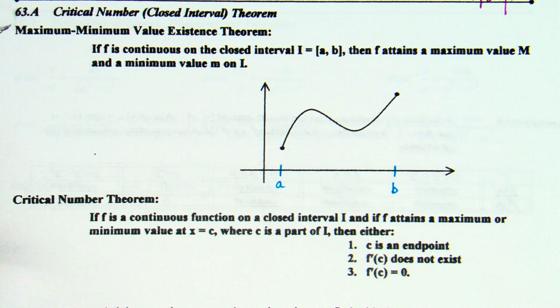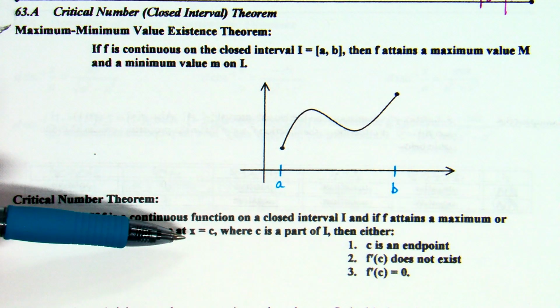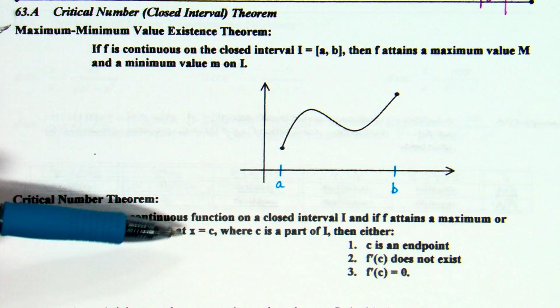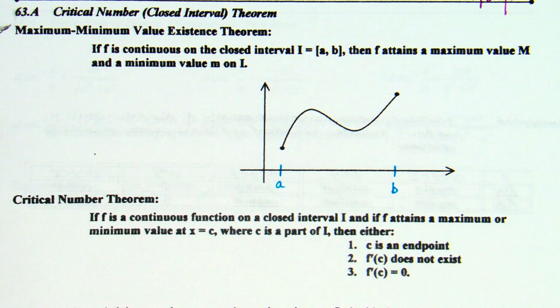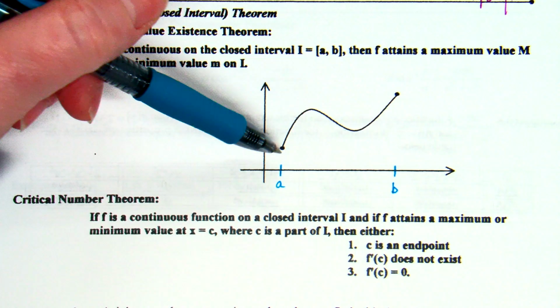So the critical number theorem says if f is a continuous function on a closed interval I, so same part, and if f attains a max or minimum value at a certain point C, so the max or the min is at C, where C is on the interval, then C is one of three things. Okay? C could be an endpoint. Okay, so if it's a max or a min, C could be the endpoint.